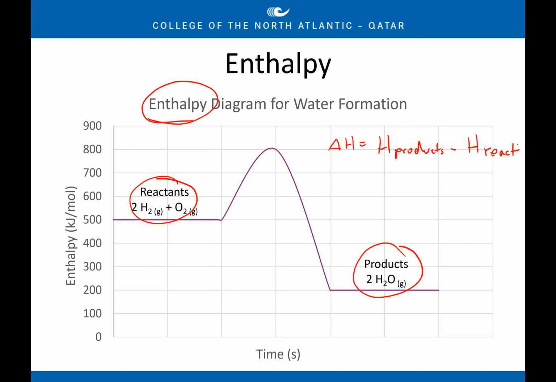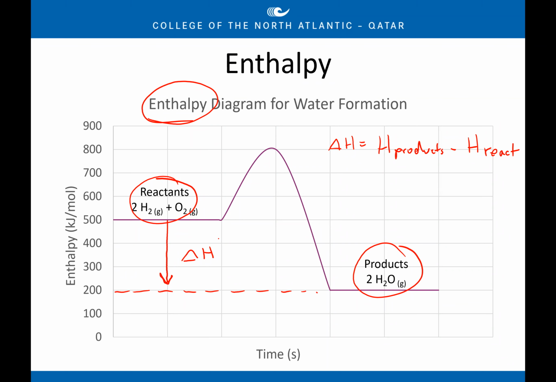Now, how could we figure that out without using crazy formulas? Well, it's pretty easy. We can use the graph. So the difference between the reactants and the products is here. This shows me that the reactants have 500 kilojoules and the products have 200 kilojoules.